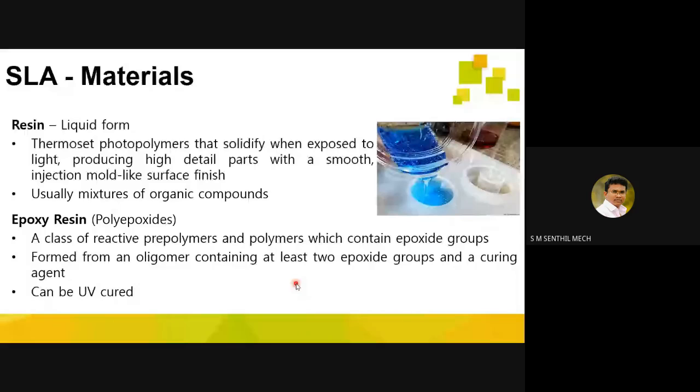The curing agent is within itself and is responsible for their close attraction. These epoxy resins can be UV cured, so if ultraviolet rays fall on them, they turn from liquid to solid.